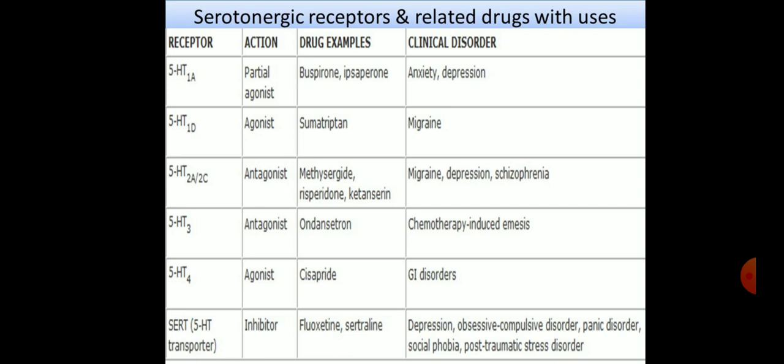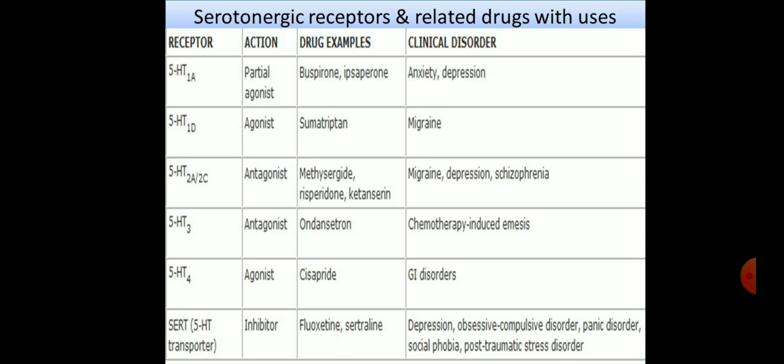The 5-HT1A agonist buspirone is used as an anti-anxiety drug. The 5-HT1D agonist is used for treatment of unilateral headache, migraine. A 5-HT2A/2C antagonist like risperidone is used as an antipsychotic drug. It's very simple. I made this complex picture as simple as possible.